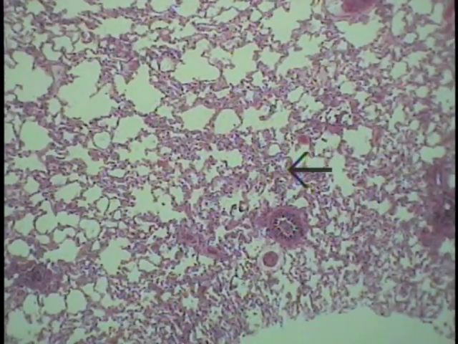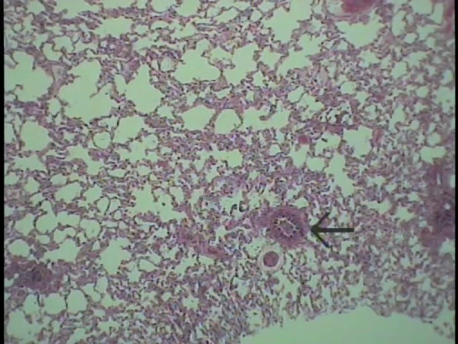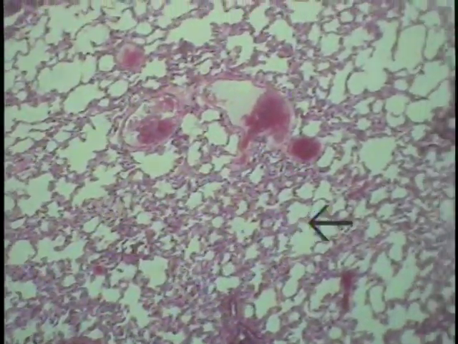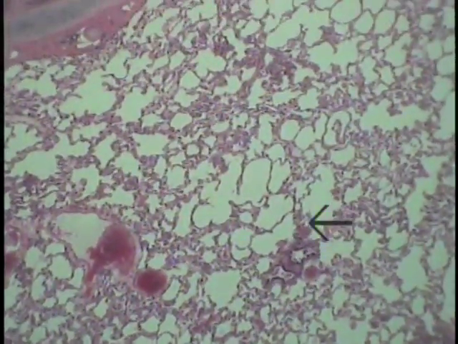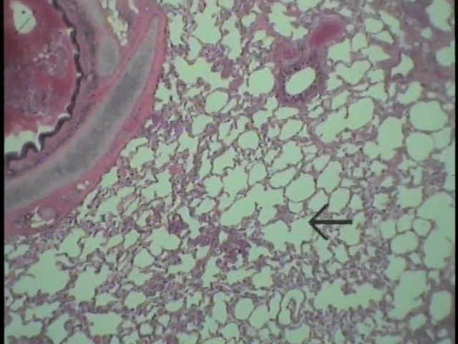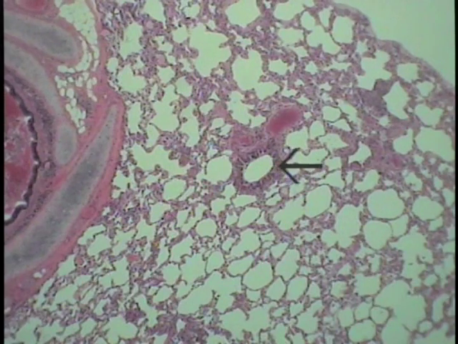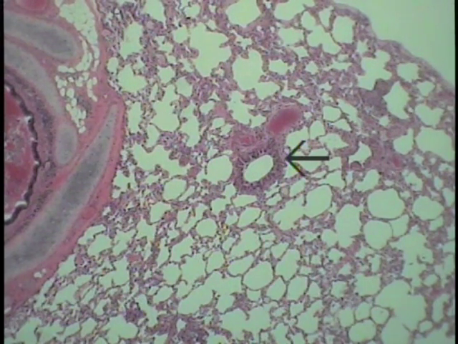Another typical cross-section of a bronchiole is shown at the tip of the pointer. Another bronchiole is shown here and indicated by the pointer. So they are an order of magnitude smaller than that tertiary bronchus that showed the last little portion of cartilage.